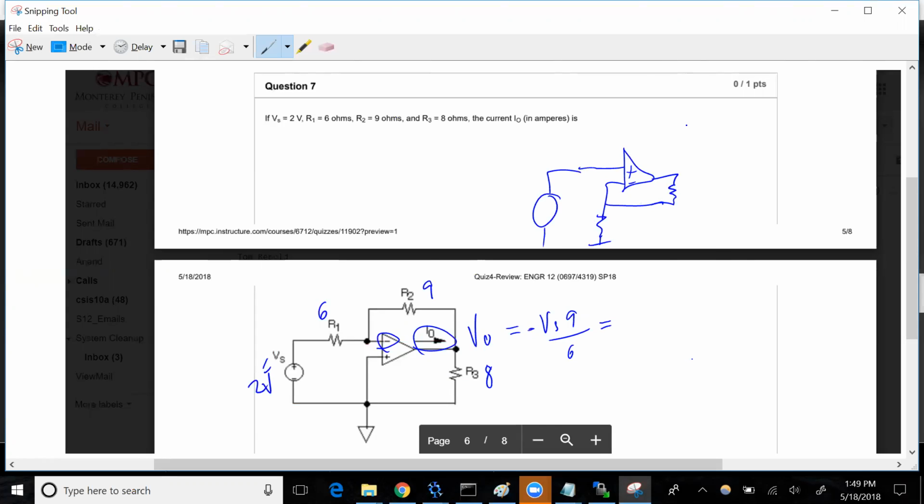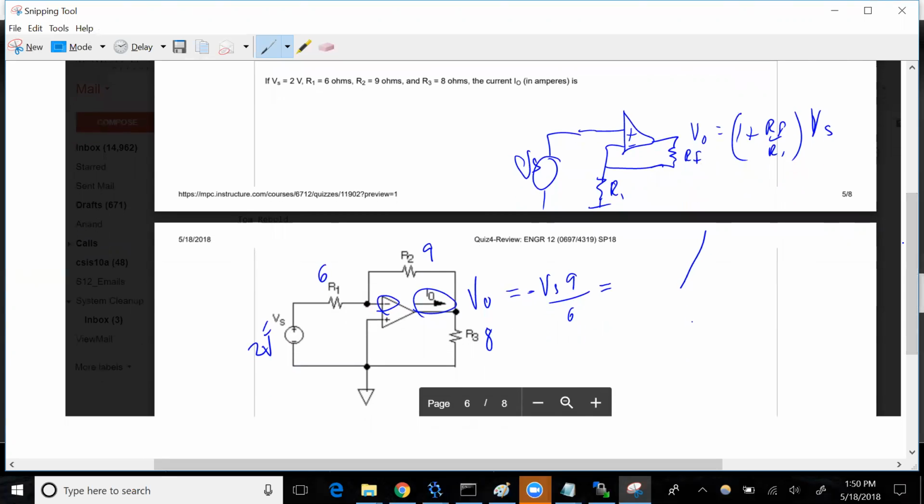In this case, the input's going in the plus side, and VO is 1 plus Rf over R1 times Vs. But for this one, VO is minus Vs times 9 over 6. That's 3 over 2. So that's going to be minus 3 volts, right?